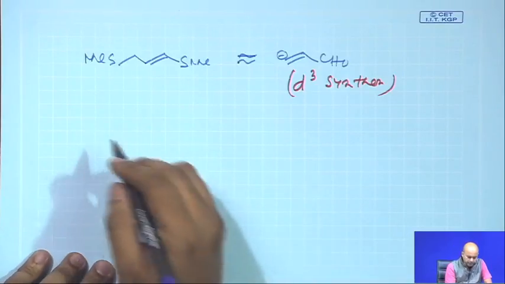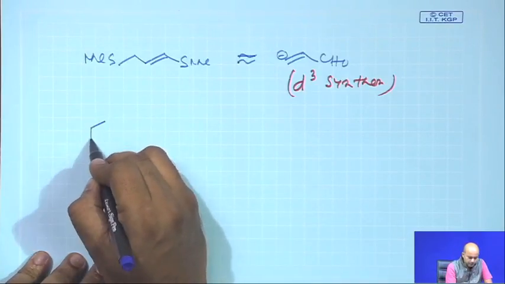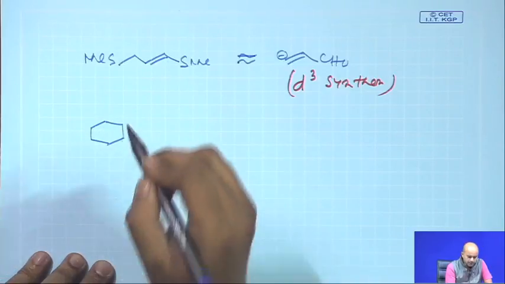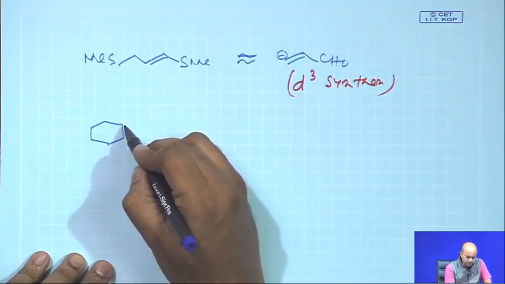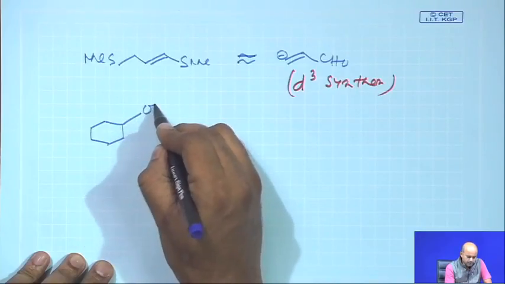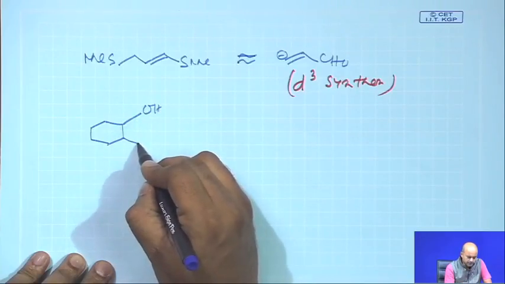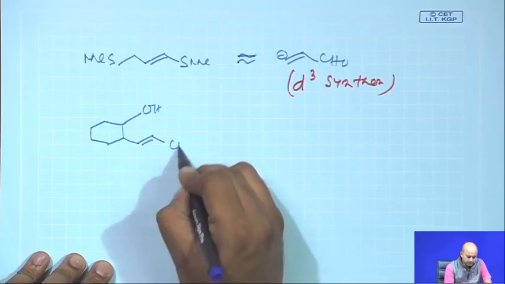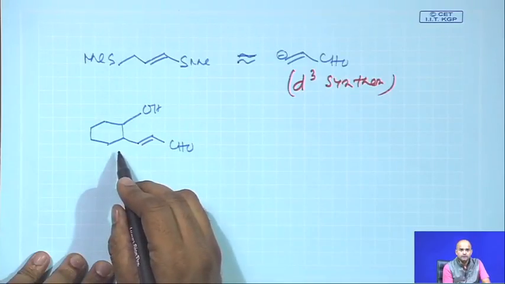In principle, this particular synthon was used in many synthetic problems. Probably I will give you the next problem, which is based on something like this, where I am asking how you can make this compound.